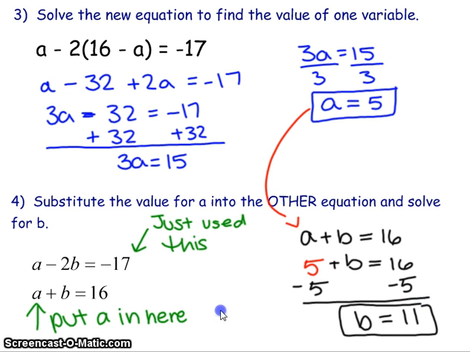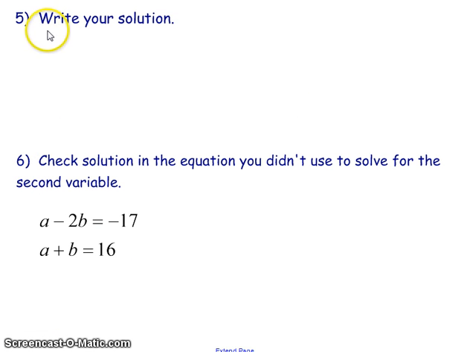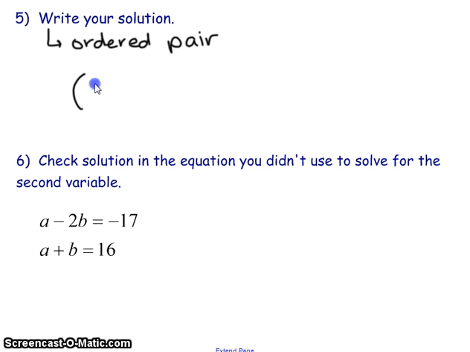Now we're almost done. Our last step is to write our solution. And so the solution should be an ordered pair, x comma y. But in this case, we have A and B, not x and y. So what you're always going to do is just write it in alphabetical order. So since we have A is 5 and B is 11, we're going to put 5 comma 11.